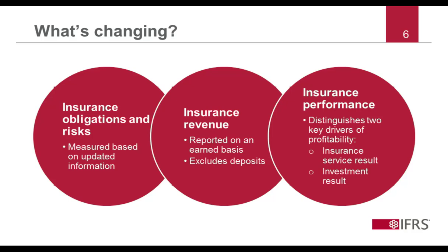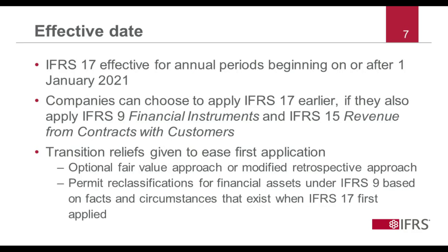This provides metrics that allow users of financial statements to better evaluate the actual performance and how that performance has changed over time. We specifically separate out underwriting activities, which are described in the standard as the insurance service result, from the investment result, because we believe although both are core drivers of profitability in insurance, they are driven by very different economic and strategic considerations.